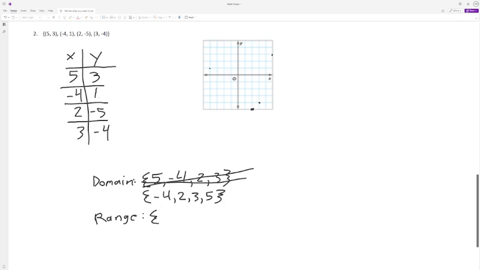So we look at these numbers in this column, the 3, 1, -5, and -4. If we take a look at these ordered pairs, that's the 3, 1, -5, and -4. So let's go ahead and start with the most negative first. That's -5, then -4, then 1, then 3.